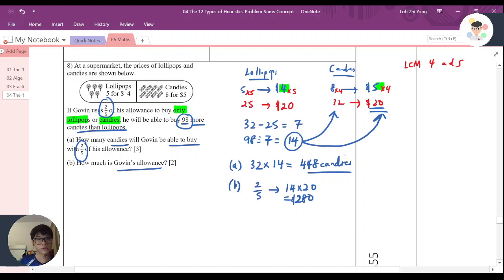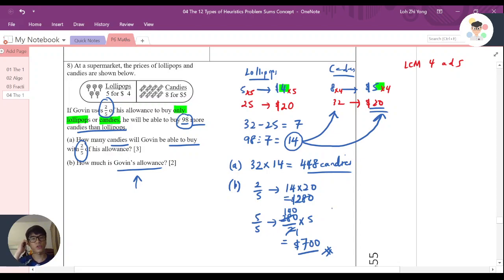Now they are asking for Govin's allowance, which means 100%, or 5/5. So 5/5 of it will be 280 divided by 2 times 5. If you simplify, it is equal to $700. And we are done with the whole question here.